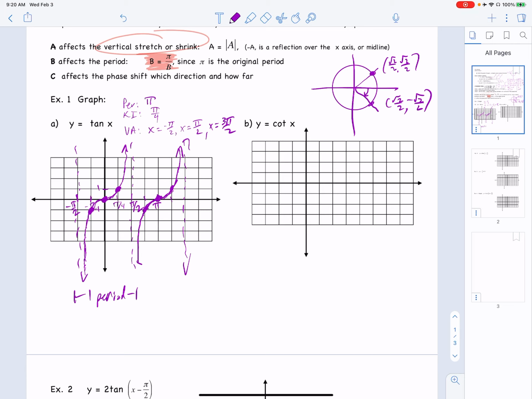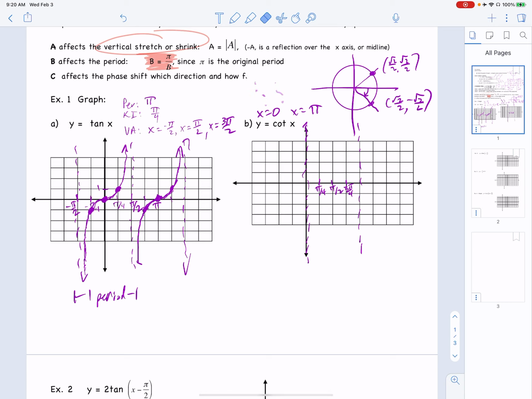Now for cotangent, I told you that it's gonna look flipped. And also the vertical asymptote is x equals 0 and x equals pi. So the y-axis is a vertical asymptote. And we're going to go by key increments. Pi fourths, pi halves, 3 pi fourths, and then at pi we have a vertical asymptote.